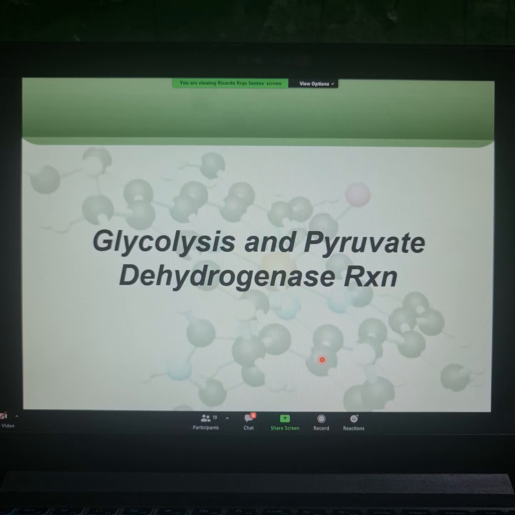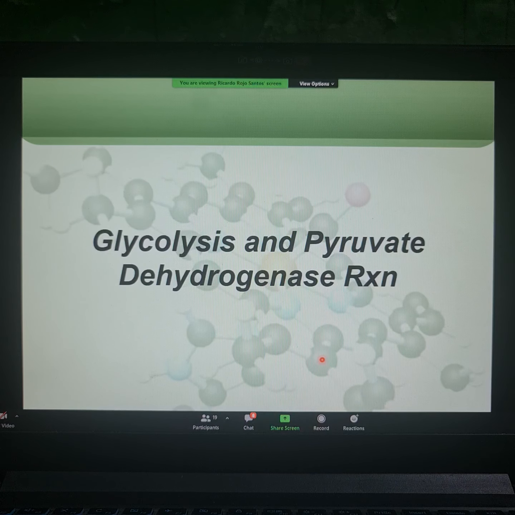Now, glycolysis is a unique pathway since it can utilize oxygen if available, and we call that aerobic glycolysis, or it can function in the absence of oxygen, and that is anaerobic glycolysis. Okay?